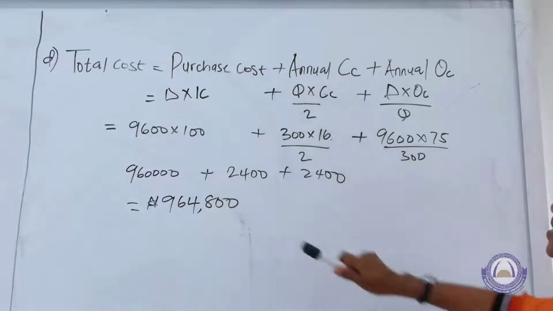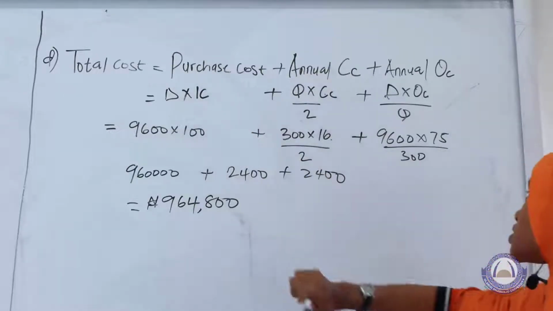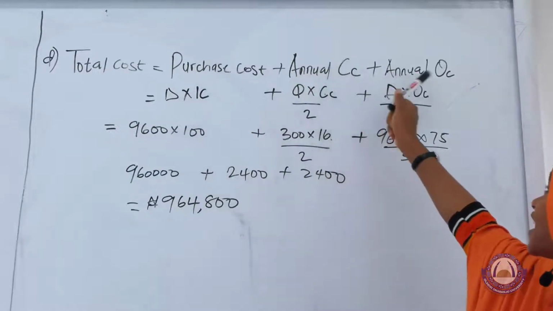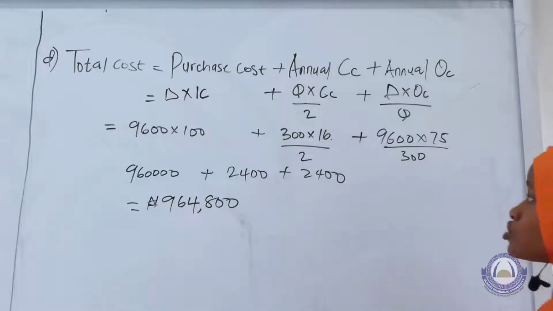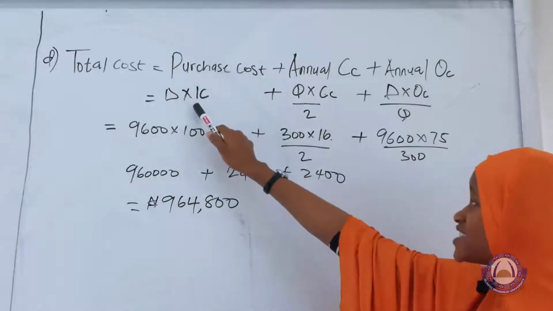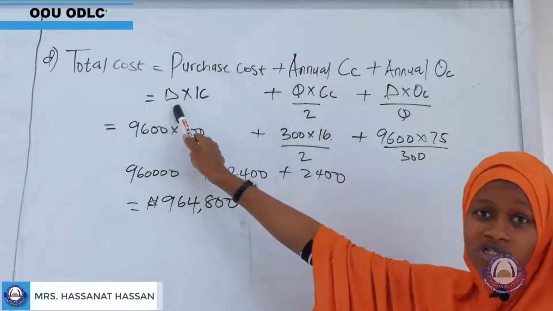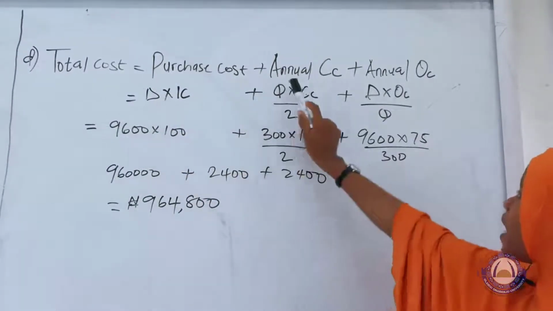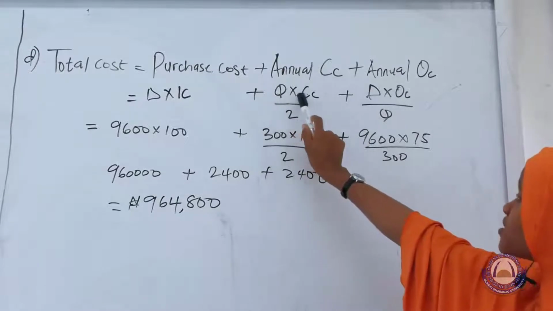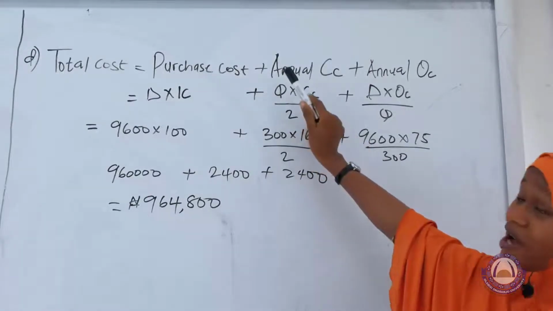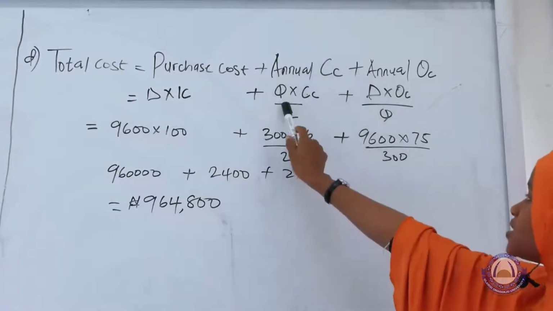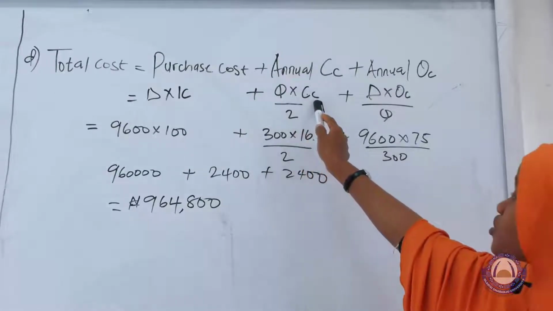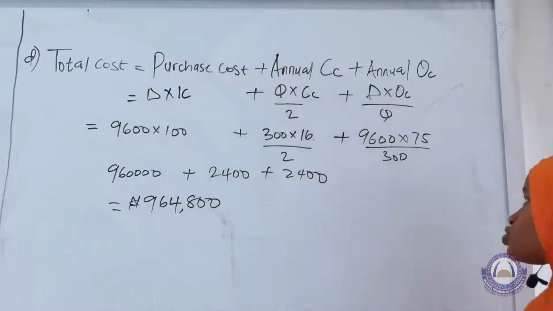So our total cost is a function of our purchase cost, annual carrying cost, and annual ordering cost. The purchase cost is the item cost multiplied by the quantity demanded in a year. The annual carrying cost is our quantity multiplied by our carrying cost per unit, divided by 2. Same with our annual ordering cost.